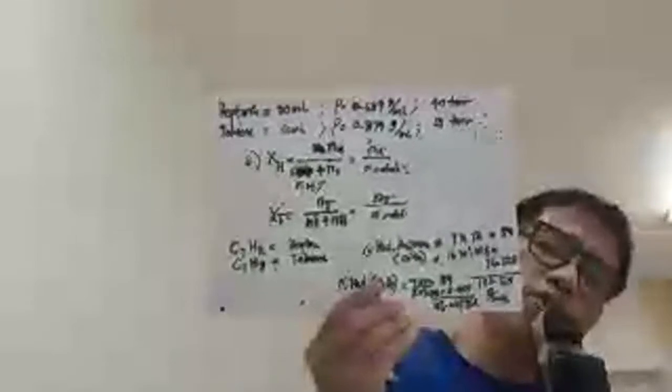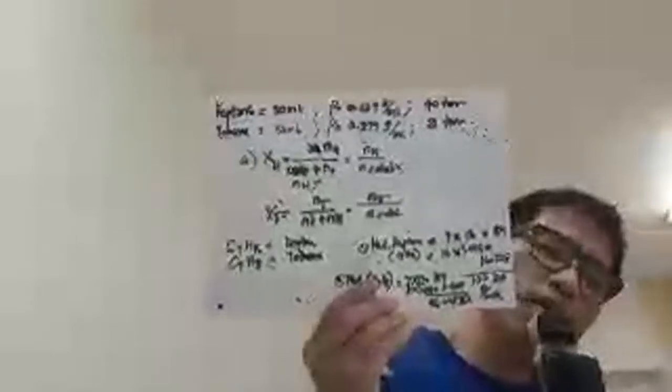So we can solve for the mole fraction of heptane in our letter A. You can substitute that in this equation, because I already presented the formula of the mole fraction of each component. So we now substitute individually.